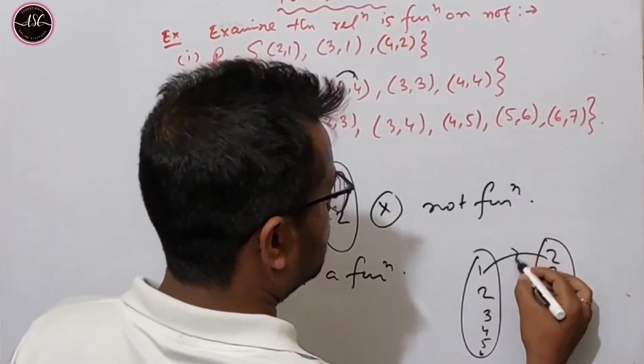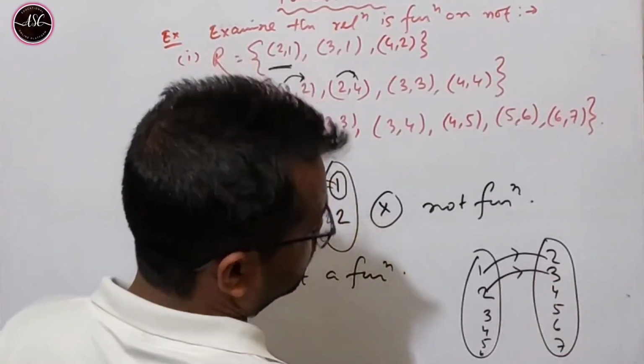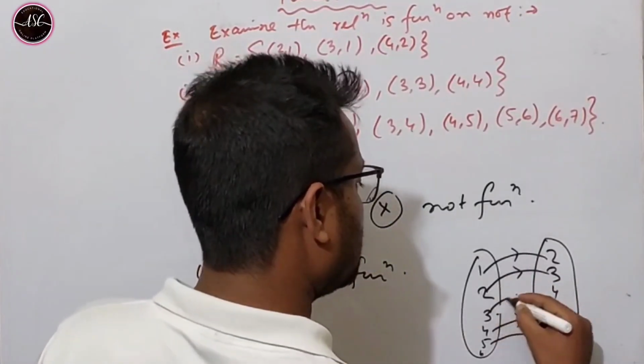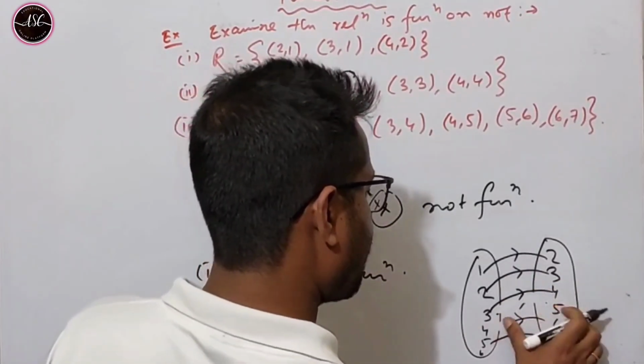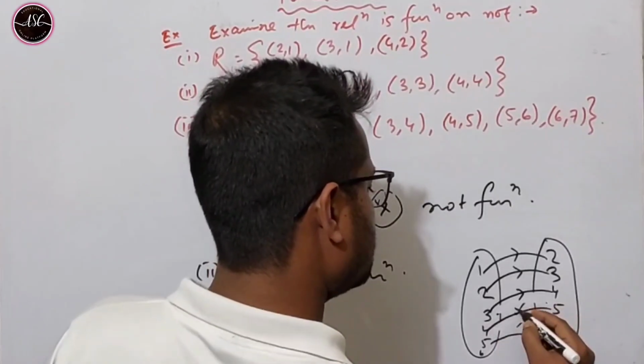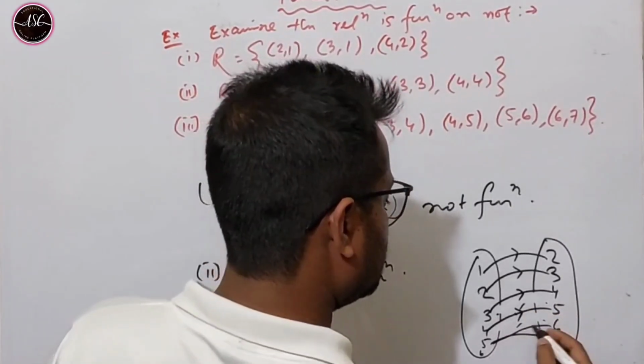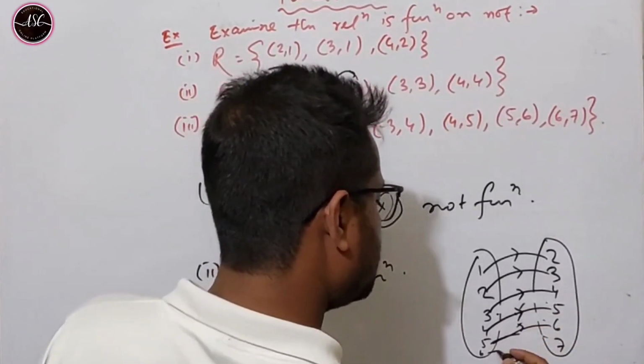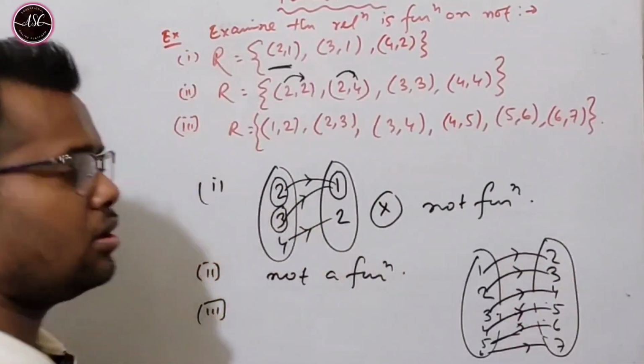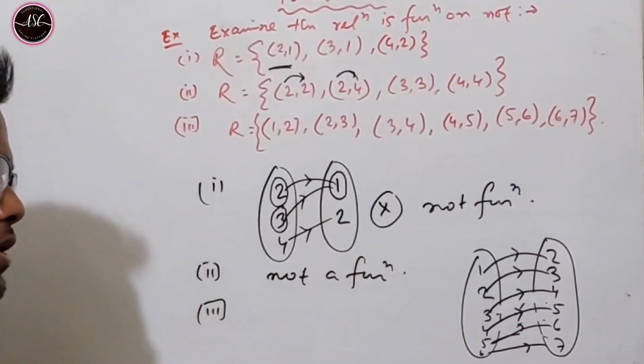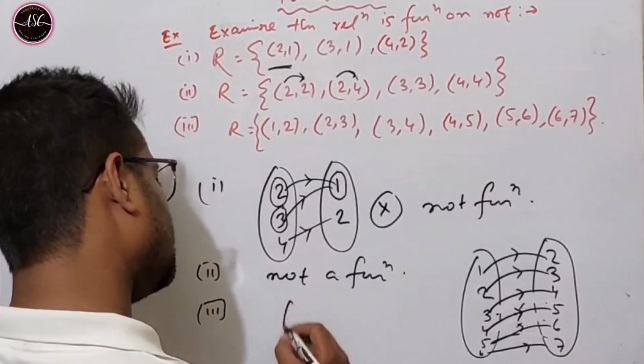So the image of 1 is 2, the image of 2 is 3, the image of 3 is 4, the image of 4 is 5, the image of 5 is 6 and the image of 6 is 7. So there is one and only one image. Okay, so this is a function.